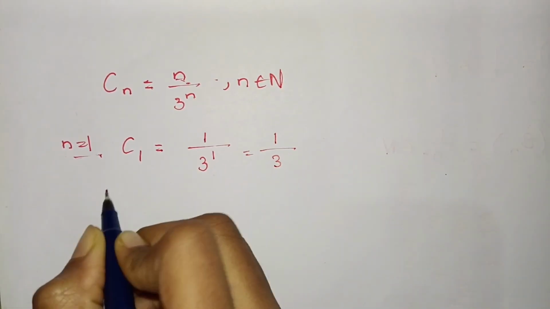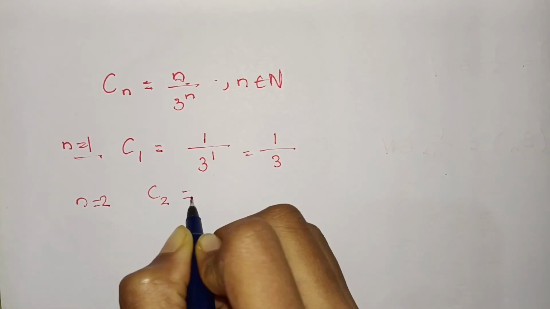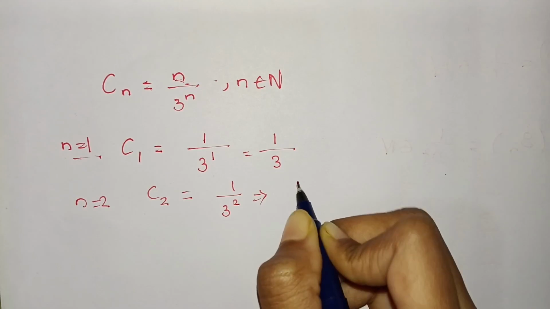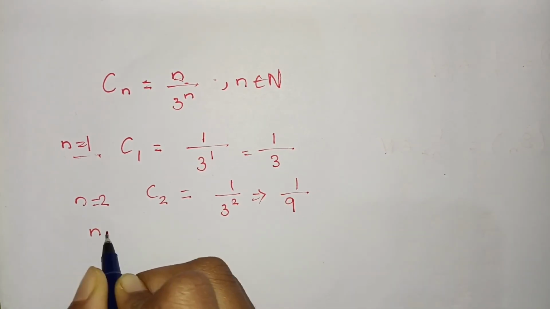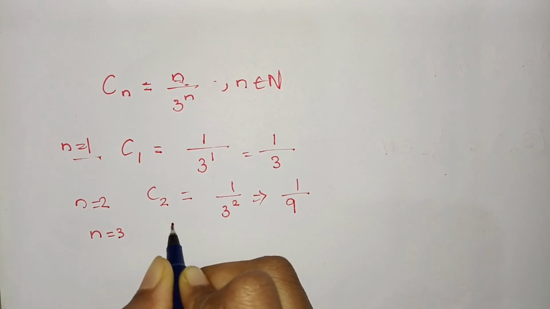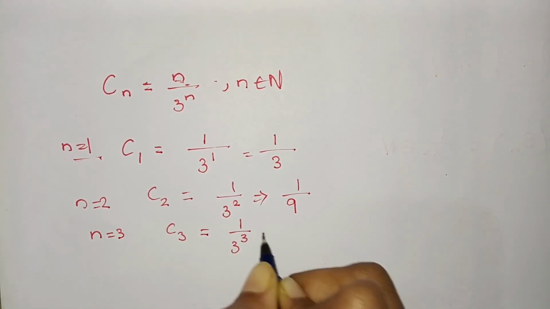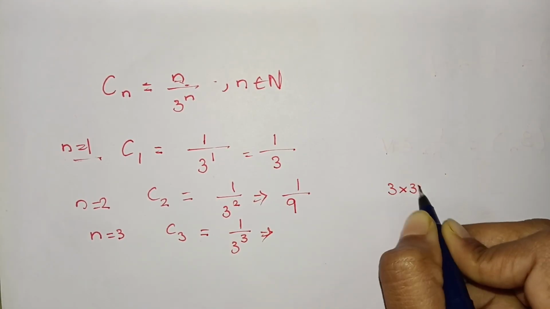And n equal to 2, then C2 is equal to 1 by 3 square, which is 1 by 3 3s are 9. And if n equal to 3, then C3 is equal to 1 by 3 cube, which is 3 into 3 into 3.